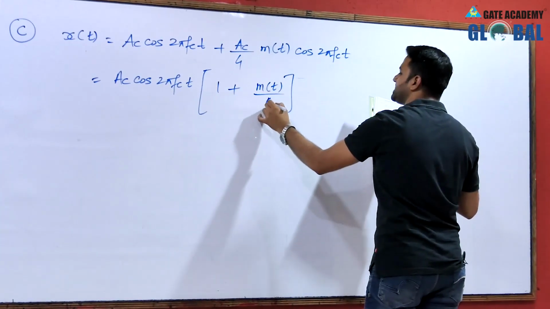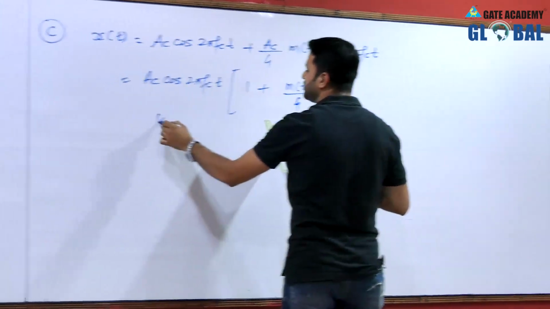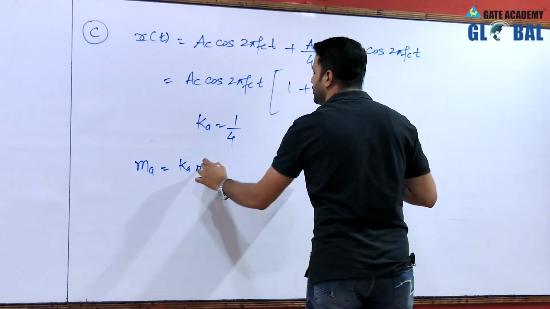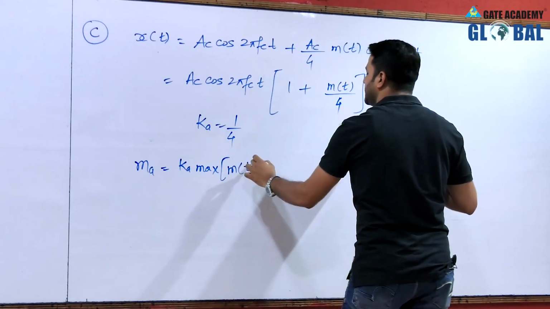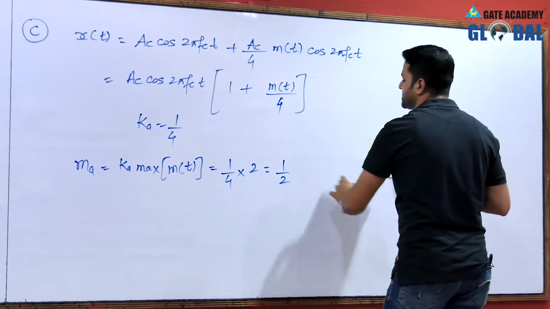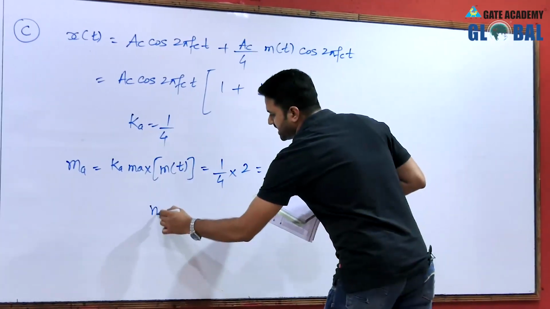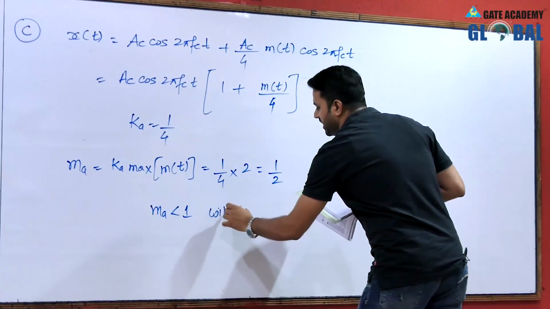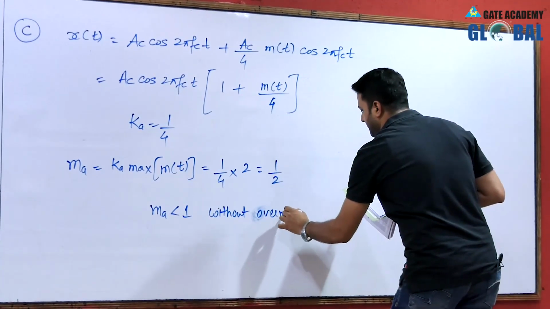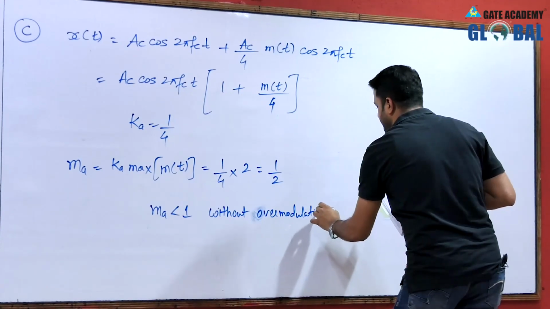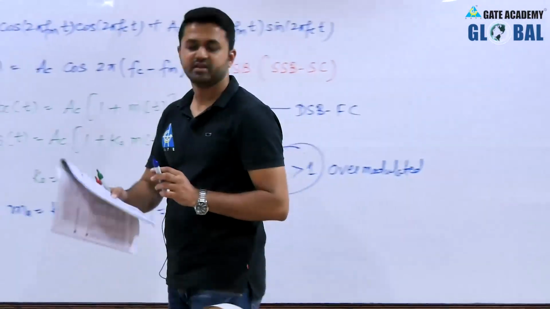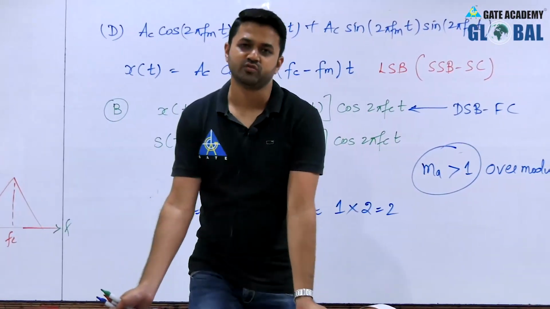On comparing with the standard expression, we get k equal to 1 by 4, and the modulation index Ma is k into the maximum value of mt. With k equal to 1 by 4 and the maximum message signal value 2, we get modulation index 1 by 2, which is less than 1, that means without overmodulation. So the double sideband full carrier is option C without overmodulation.